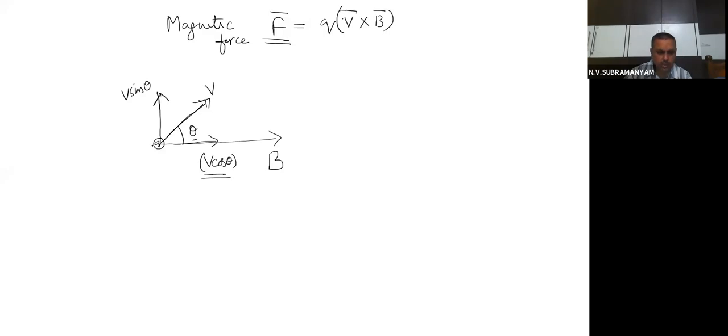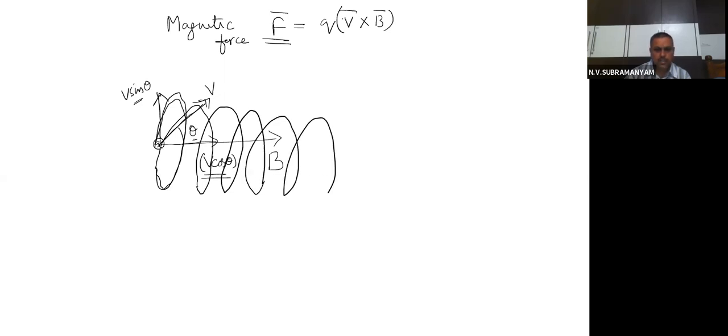The particle completes the circle because of the component v sin theta, and it moves forward because of the component v cos theta. That means it will be going like this. You are seeing this path.